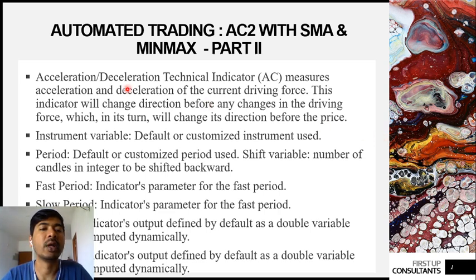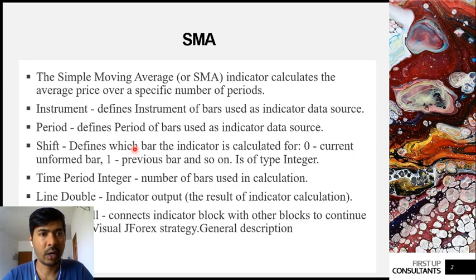We will be continuing with the acceleration deceleration oscillator and how it can be utilized for our entry and exit purposes. I hope you are familiar with its working. Along with that, the SMA is going to be there. SMA will help us define the trend.